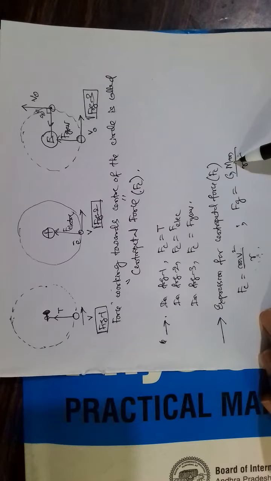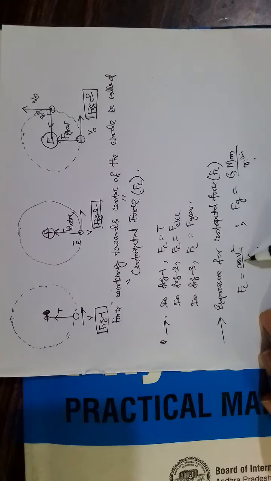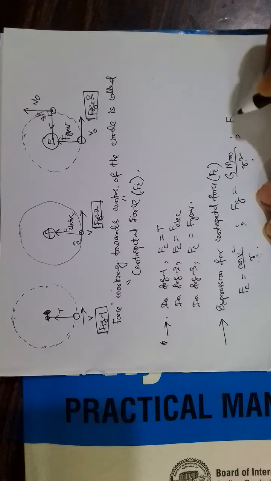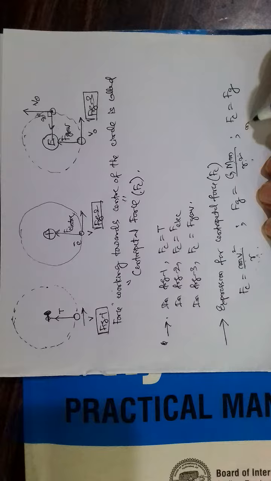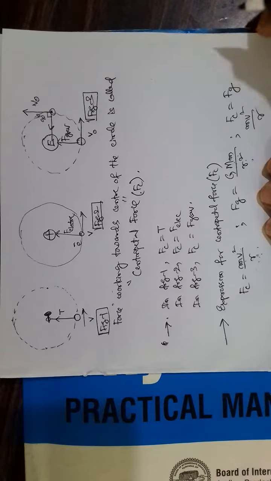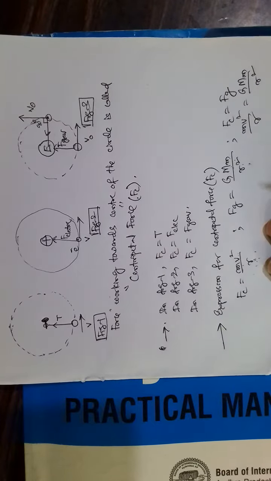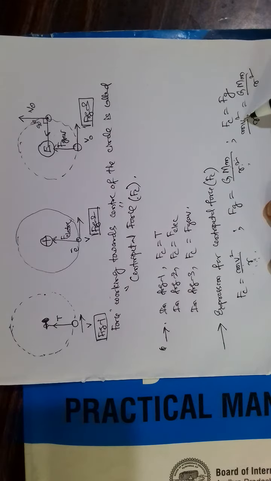So here you substitute all the values and you get some value. So this value must be equal to this value. mv square by r is equal to G capital M small m by r square. So substituting the values, we get a value for v.